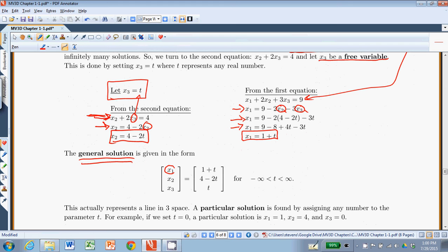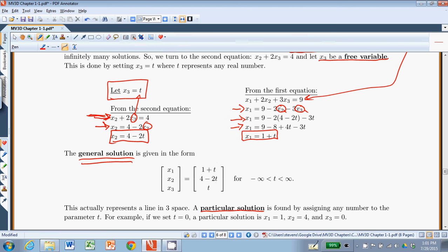So x1 is 1 plus t, x2 is 4 minus 2t, x3 is t, and that t can be any number. That's what this represents here. t is any number between -infinity and infinity. So we have infinitely many solutions with this particular structure. If I do actually want a specific solution, we call that a particular solution.